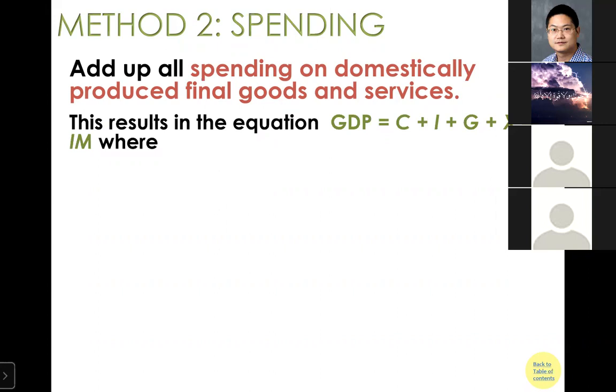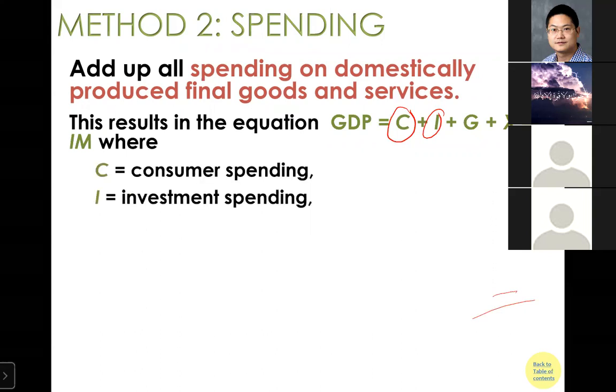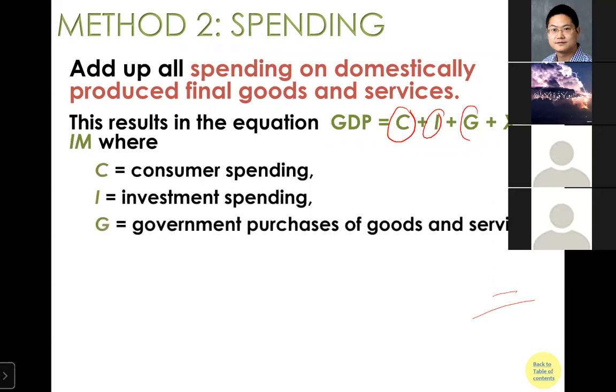All right. The second approach is going to be focused on spending. We can add up all spending on domestically produced final goods and services. In terms of spending, there are four categories. First, we have consumer spending, this is C. Secondly, we have investment spending, this is I. Third, we have government spending.